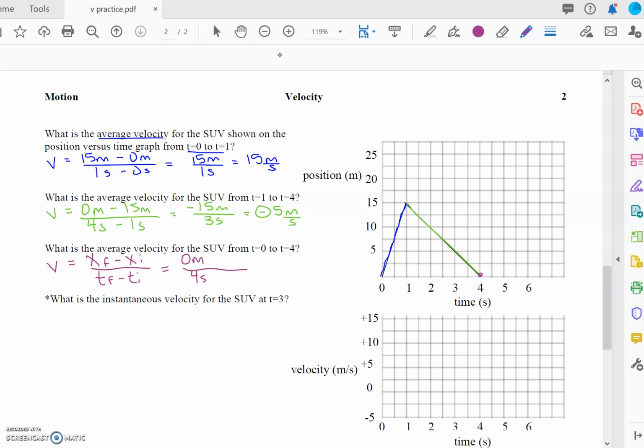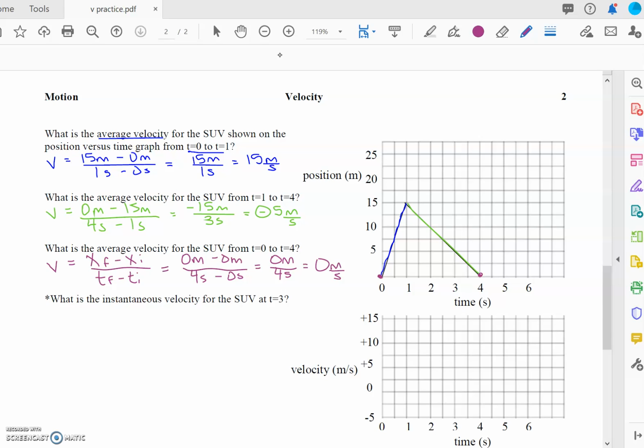And the initial position of the car at 0 seconds is at 0 meters also. When you subtract and divide that out, you get an average velocity of 0 meters in 4 seconds, which is 0 meters per second.